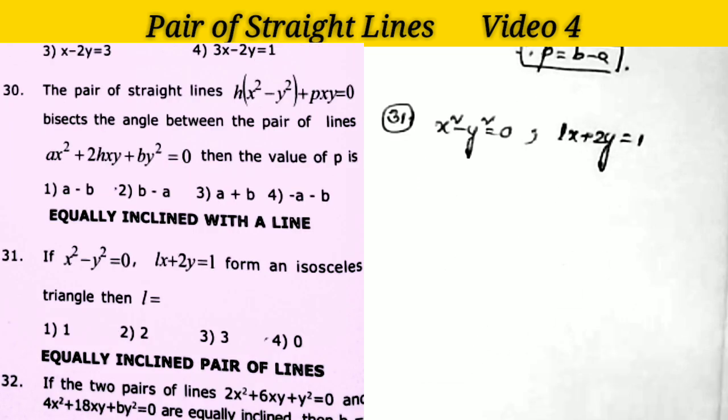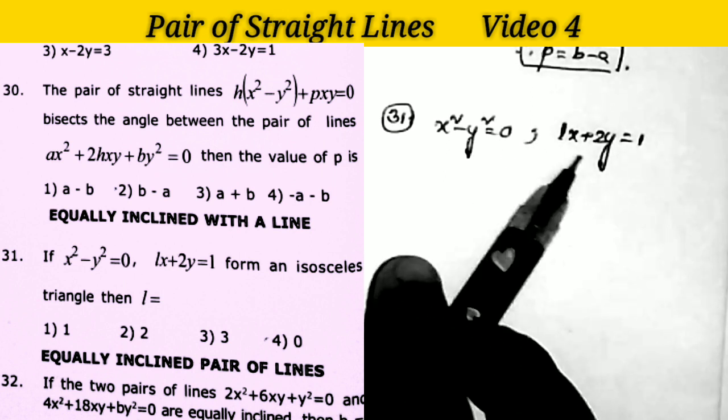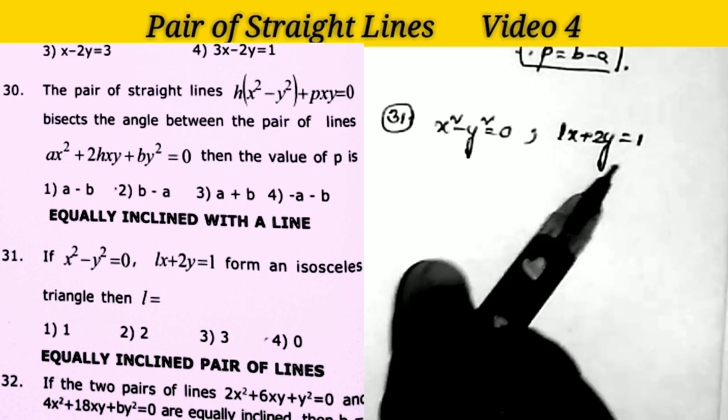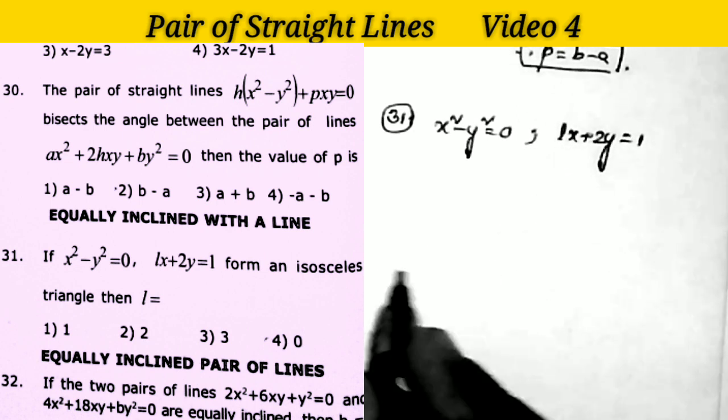Okay. Next problem, sum number 31. If x square minus y square is equal to 0 and lx plus 2y is equal to 1 form an isosceles triangle, then what is the n value?